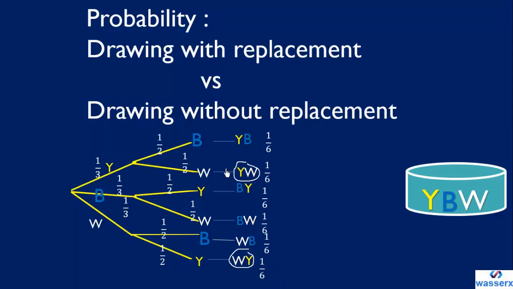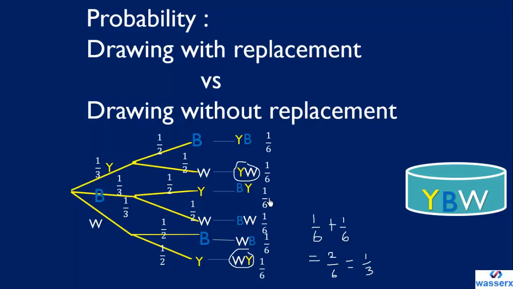So when we are interested in getting the probability of picking a yellow and a white ball, we are going to get 2 of them, which is 1/6 plus 1/6, and that is going to give us 2/6, which is equal to 1/3.